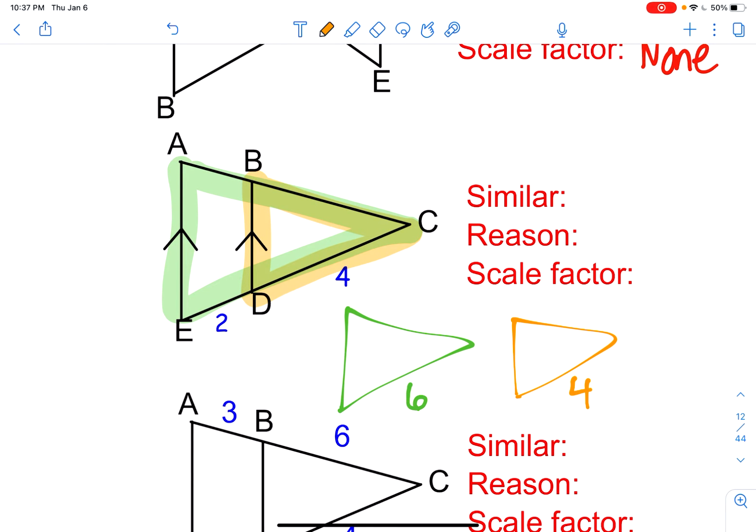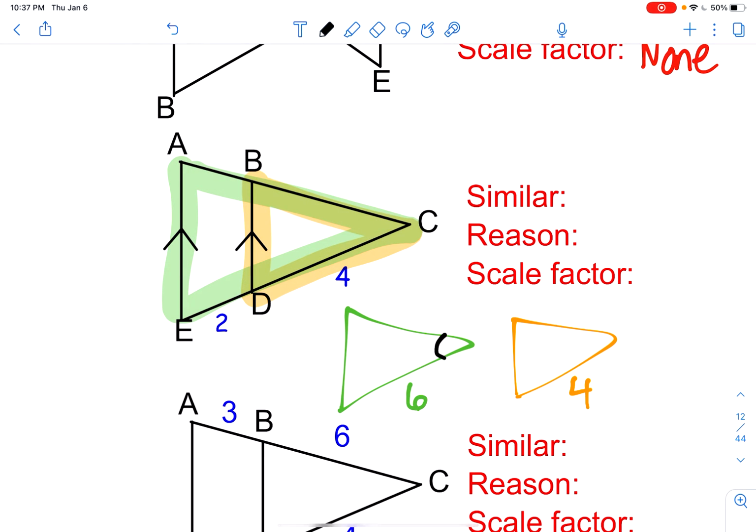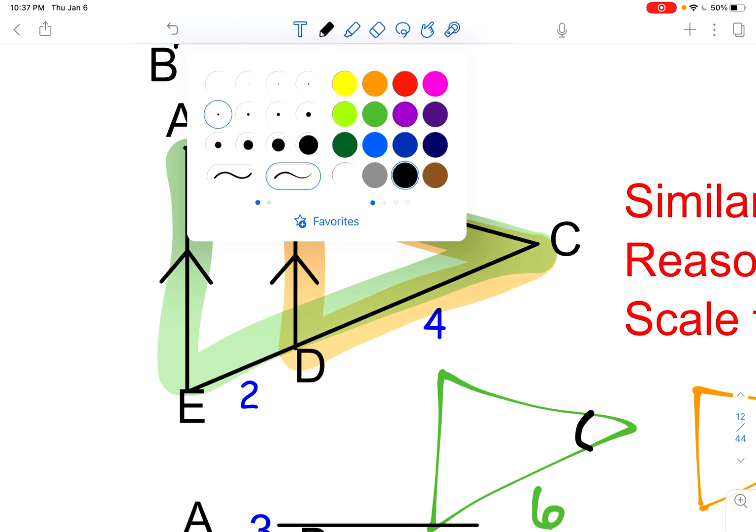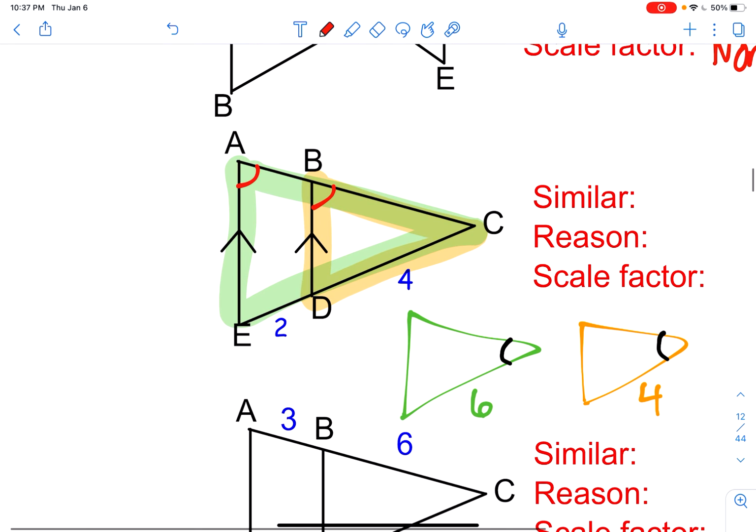And notice that these are the same. Okay, now I have that, as well as notice these are parallel, which means corresponding angles are also congruent. So it means this is congruent to this.